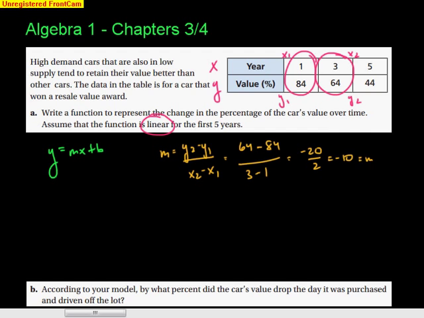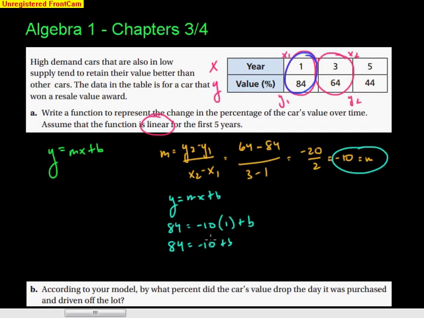So now I'm going to use m, the negative 10, and one of these points, let's say (1, 84), and plug them into slope-intercept form to find my y-intercept. So again, y equals mx plus b. Y is 84, m is negative 10, x is 1, and plus b. This is 84 equals negative 10 plus b.